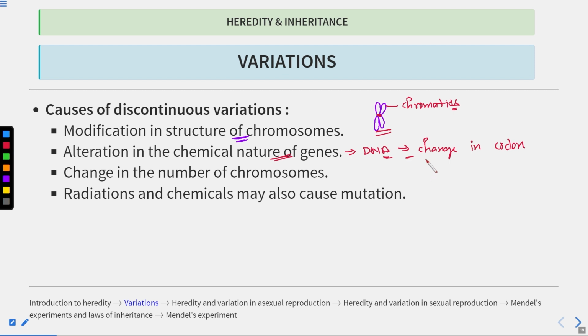Like I've told you, AUG codes for methionine. If A is replaced by some other nitrogenous base, then it will code for another amino acid. So this means the alteration in the chemical nature of the genes, or change in the biochemical nature.